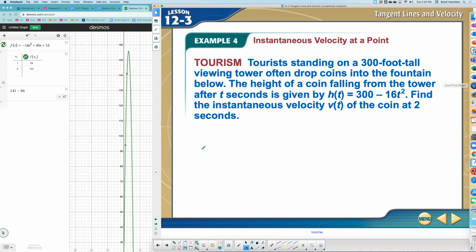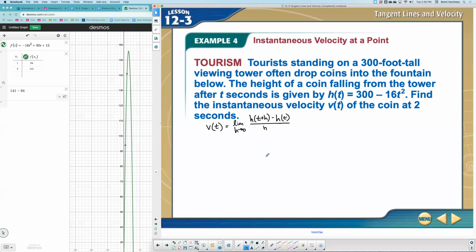And so here's the idea. We want to find the instantaneous velocity, and according to the formula in the previous slide, that would be equal to the limit as h approaches 0 of h of t plus h minus h of t, all divided by h. That's going to be our formula. So let's plug in and see what we get here.